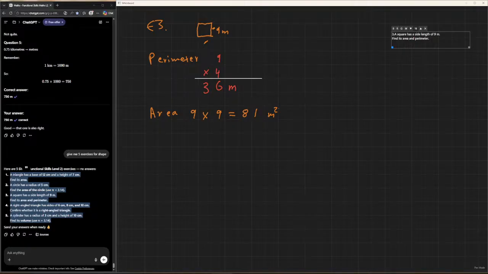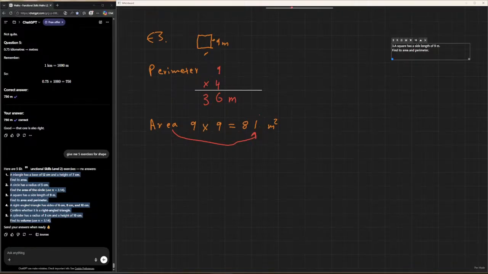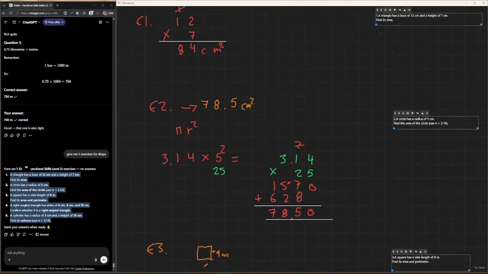If it was a 3D shape, it would be 3, but we wouldn't be looking at the area, we would be looking at the volume, if that makes sense. So the area for this one is this one. Then we go to question 4.